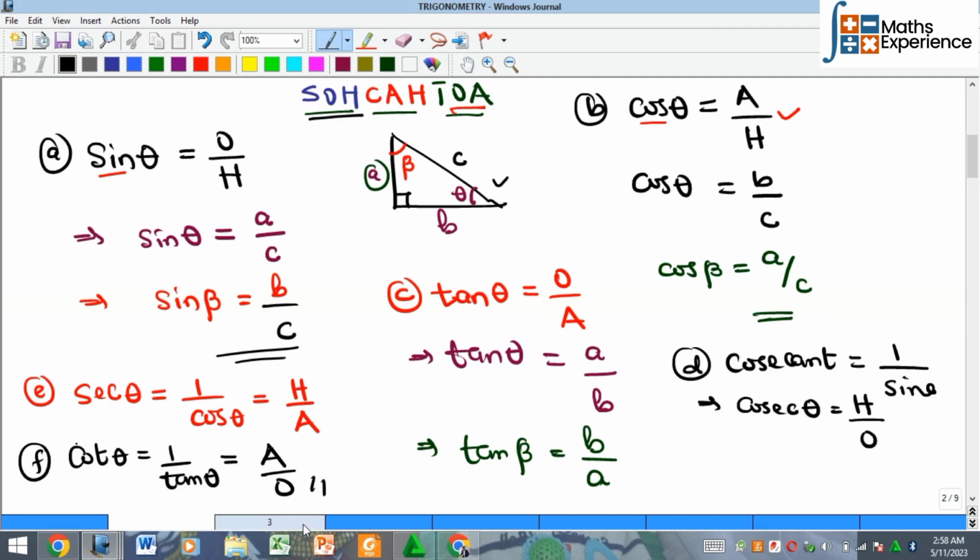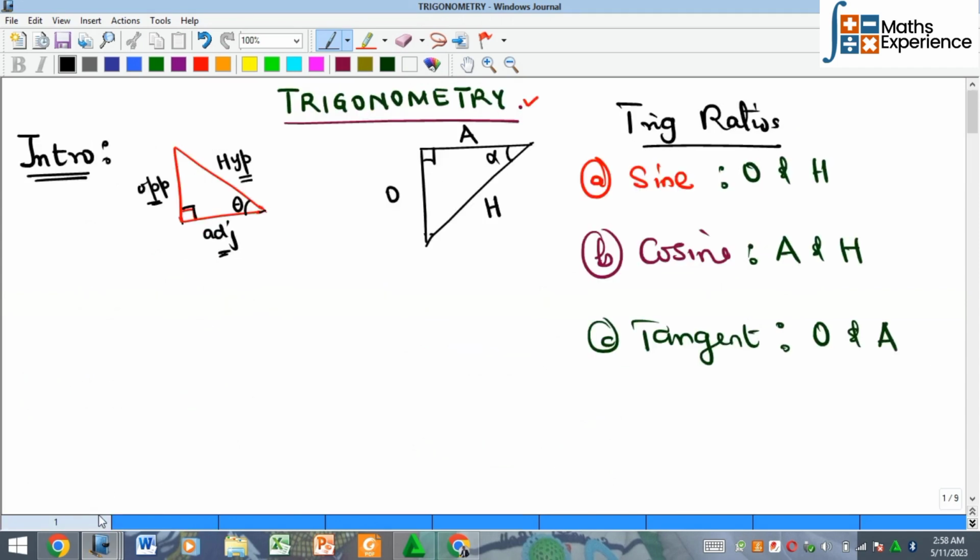Okay, and this gives us the 6 trigonometric ratios which we are going to be looking at in our study of trigonometry. So if I bring the other ones here, my cosec of theta is hypotenuse all over opposite.